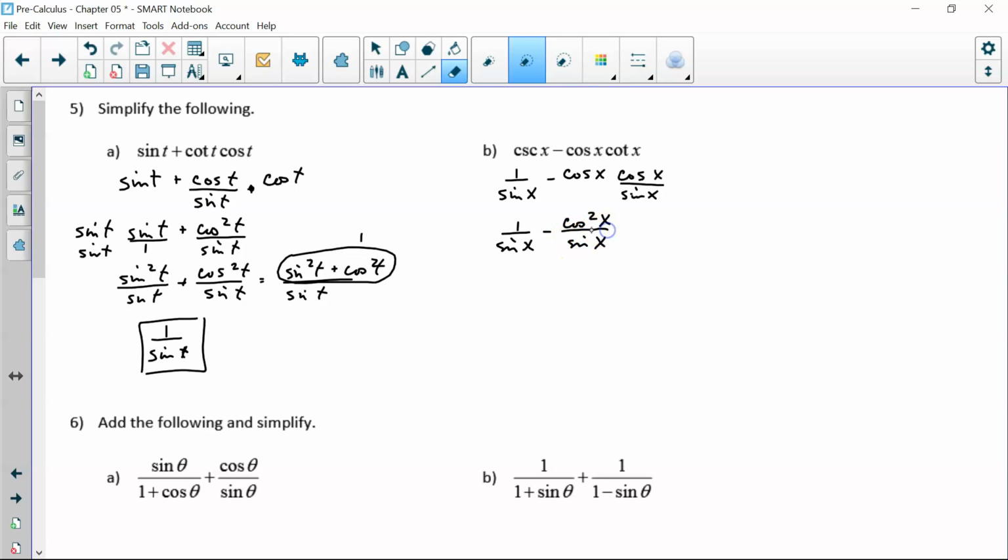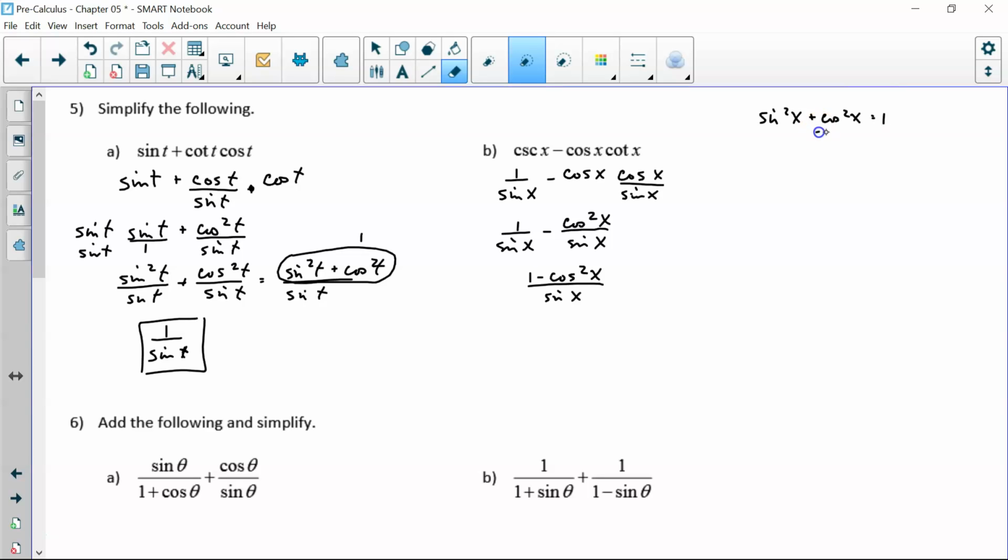What's nice about this one, we already have a common denominator. We get 1 minus cosine squared x over the sine of x. Don't forget your Pythagorean identities. Sine squared x plus cosine squared x equals 1.